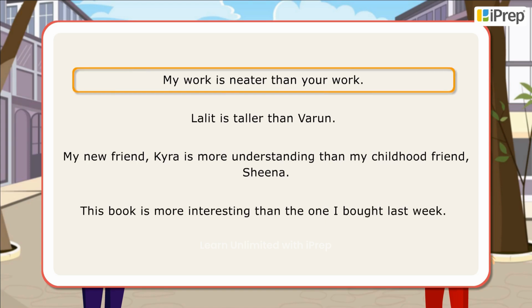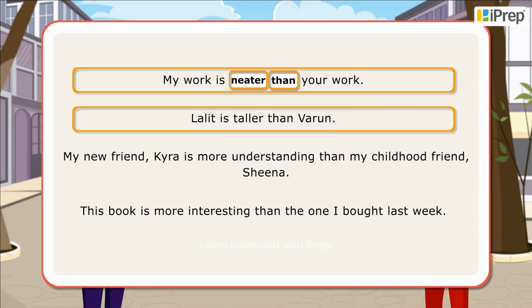In the first sentence, neater is the comparative form and it is made by adding er to neat, which has a single syllable, since we use er for short words, that is, one-syllable words. After comparatives, we can use than, just as than has been used after neater.